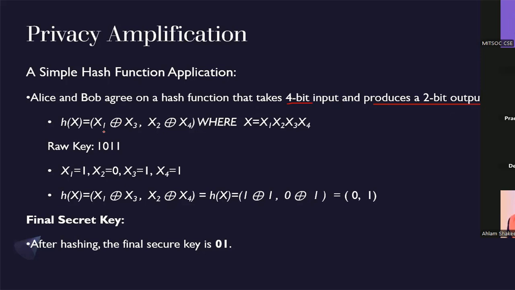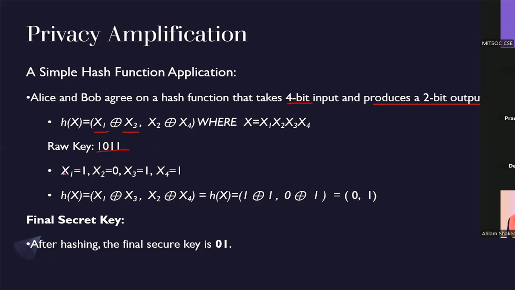For example, I'm doing x1 XOR x3, and x2 XOR x4. This is the simple hash function, where x consists of the raw key x1, x2, x3, and x4, as we have seen here.